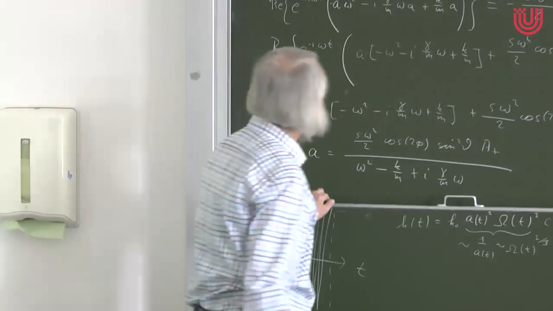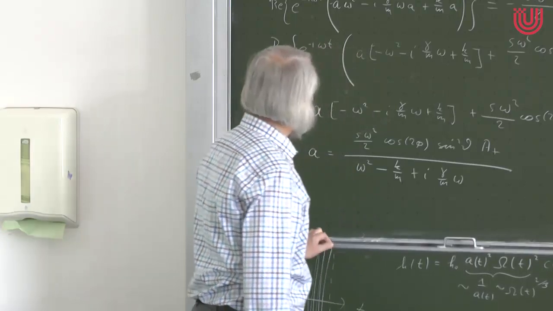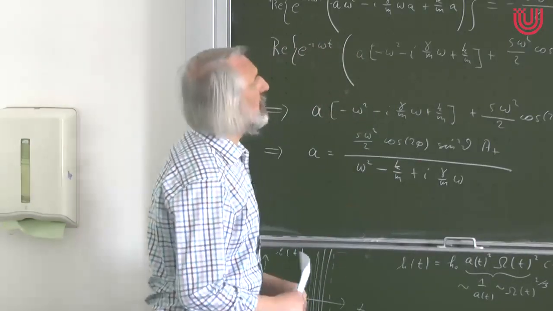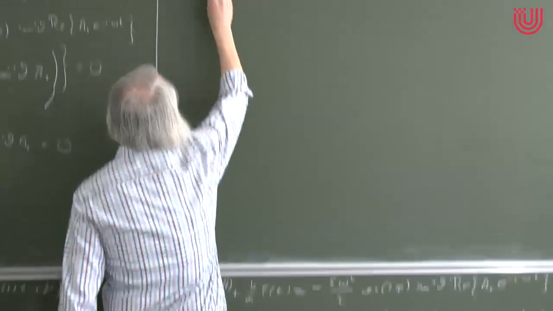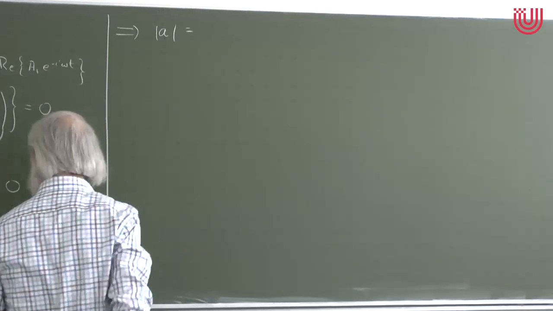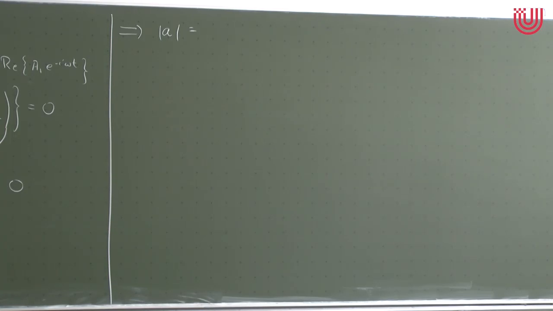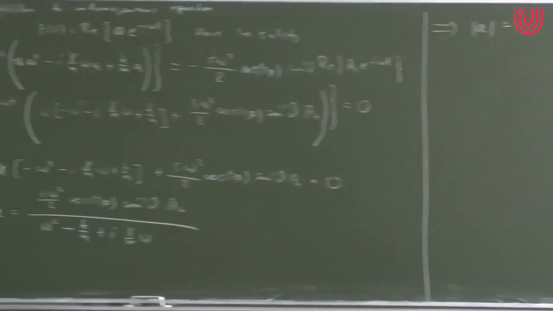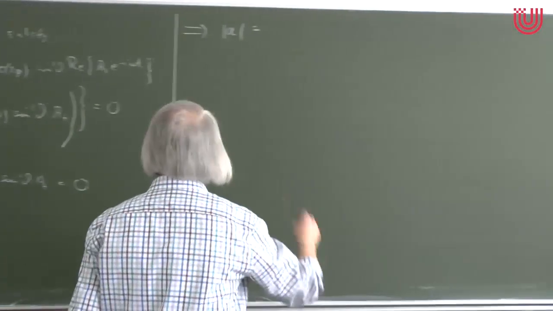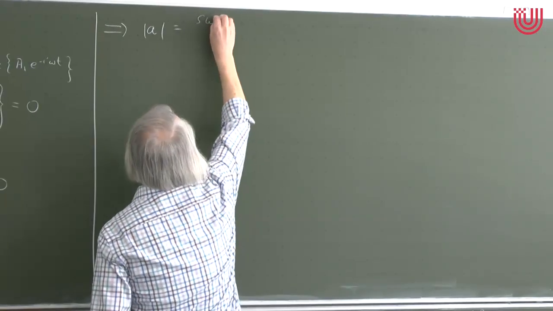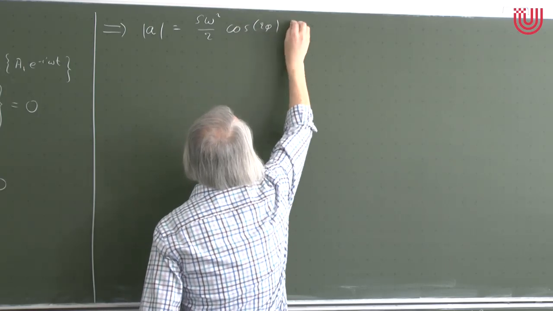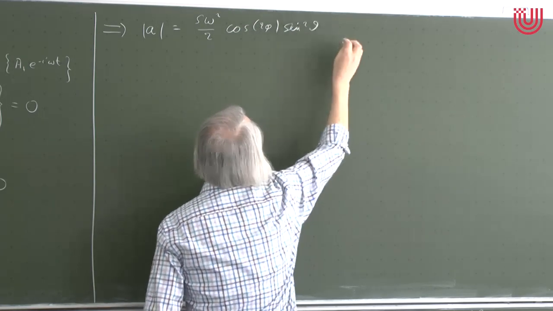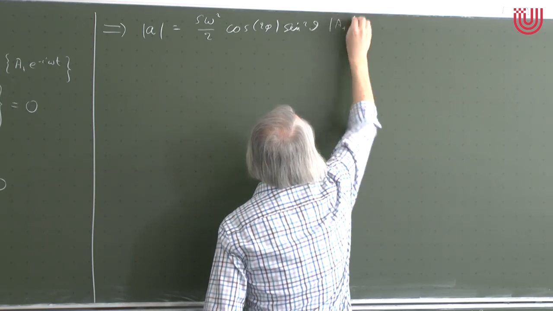And now let's discuss the dependence on the frequency. It's a little bit more complicated because of the denominator. So let me write the modulus of A. A is a complex number. The amplitude is complex. So in the numerator, I have only the A plus, which could be complex. So this is s omega squared half cosine 2 phi sine squared theta, modulus of A plus.